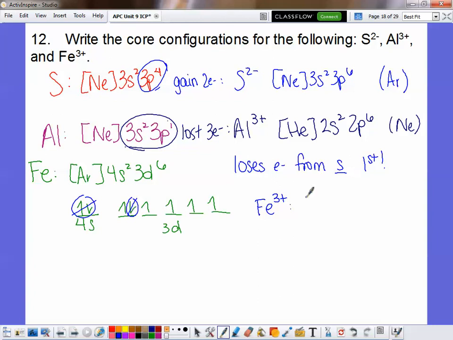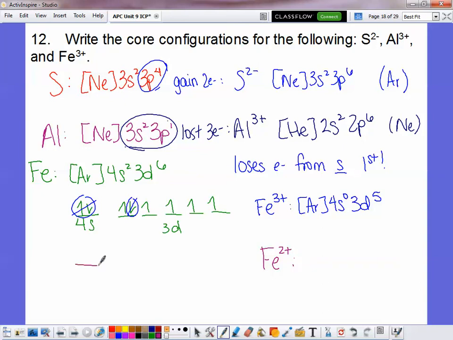So its configuration would be Ar 4s0 3d5. Sometimes you don't write the 4s0. I'm going to always write it so you know that it was there and then we lost those electrons. Now, iron can also make a +2 configuration.